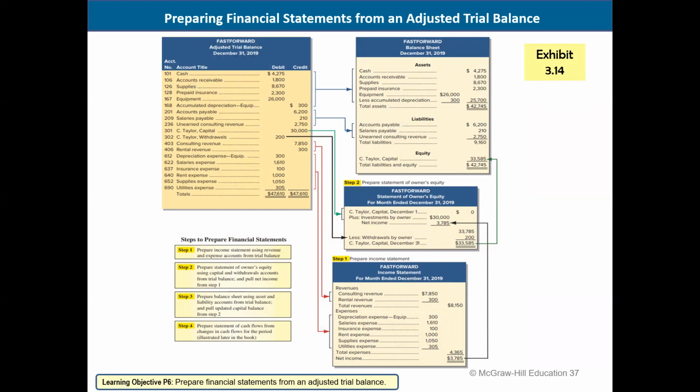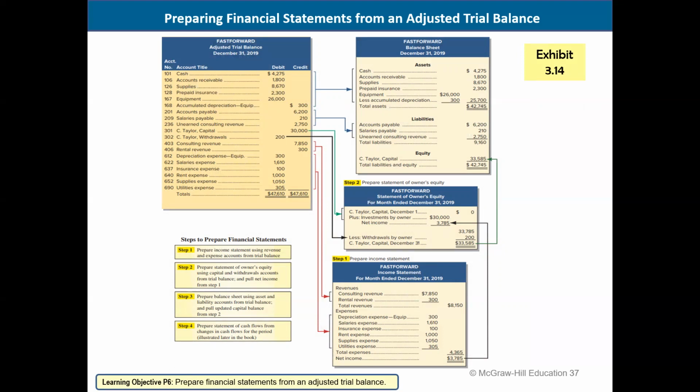Once we've done the statement of owner's equity, we can create our balance sheet, and again, our assets and liabilities we're going to put from our adjusted trial balance, and our equity will pull from our statement of owner's equity.